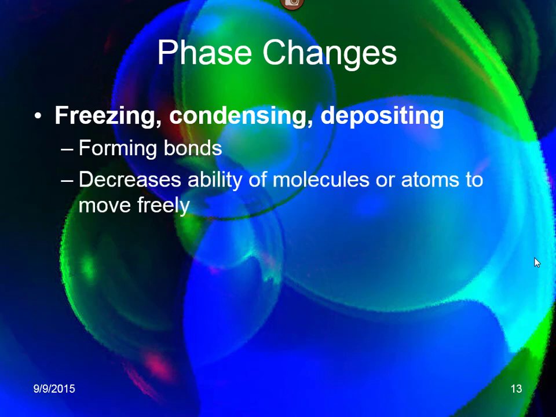All three of these changes decrease the ability of molecules or atoms to move freely. They're more restricted after the change, which results in a decrease in energy. Like when I make you sit in those desks for 42 minutes.